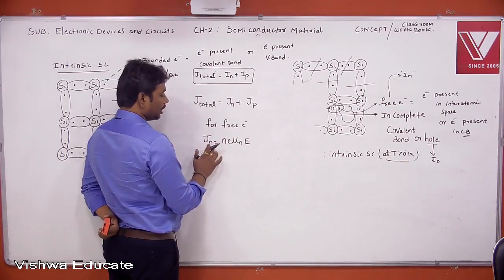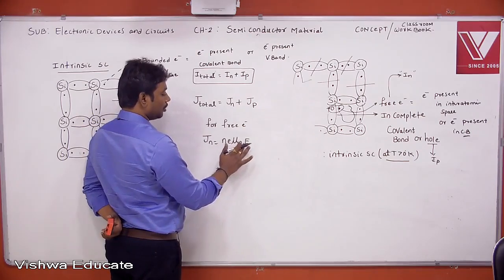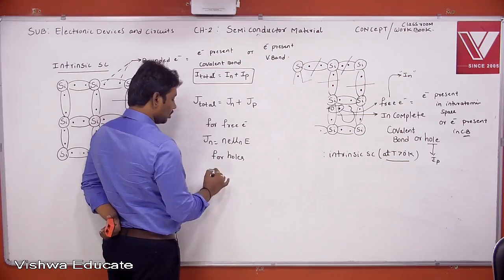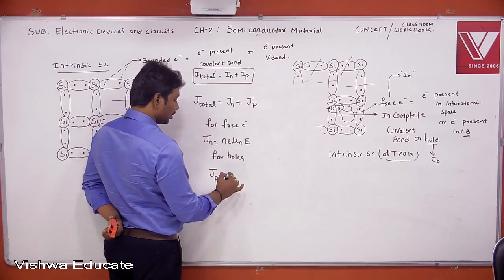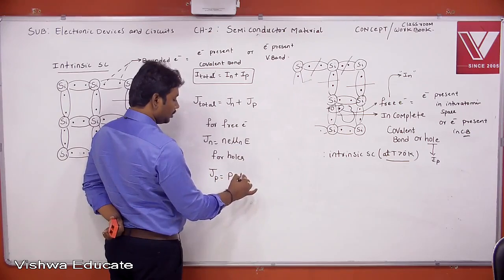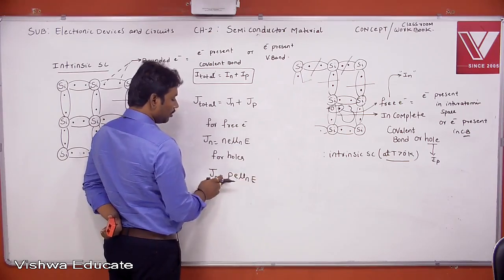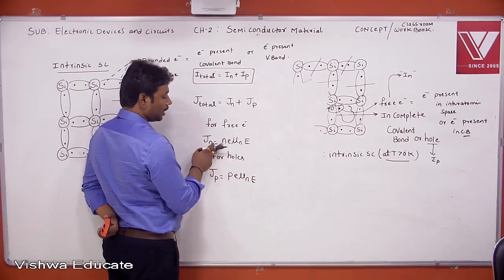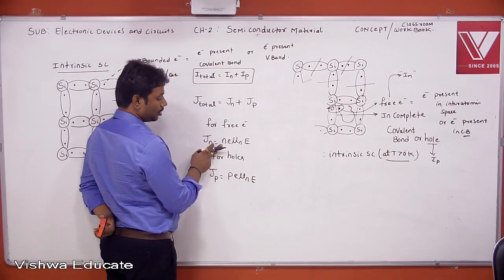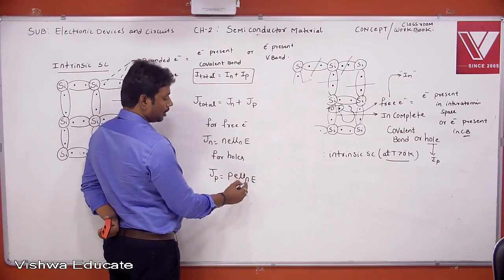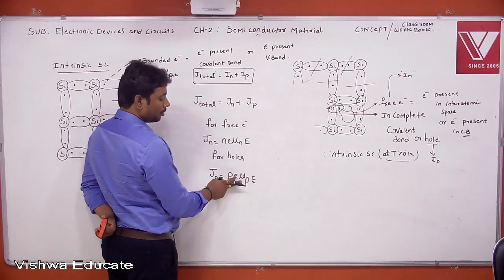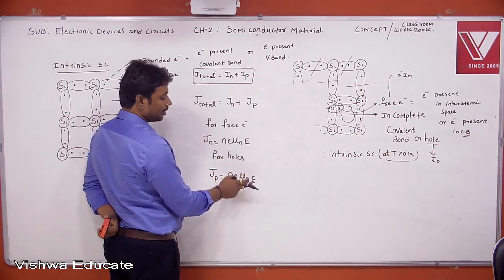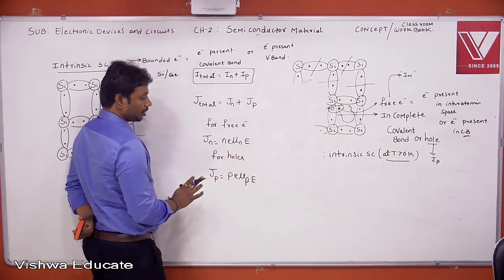Directly I am writing Jn equal to n e mu_n E. Similarly for holes, Jp is p into e into mu_p into E, where p is the hole concentration, n is the electron concentration, mu_n and mu_p are the mobilities of free electron and hole, and E is the applied external electric field.